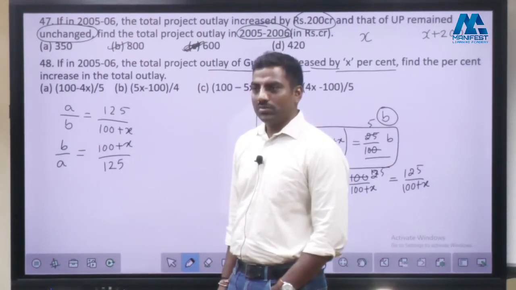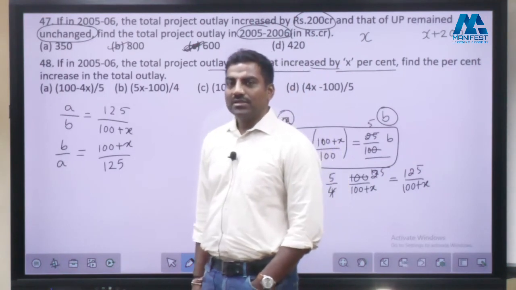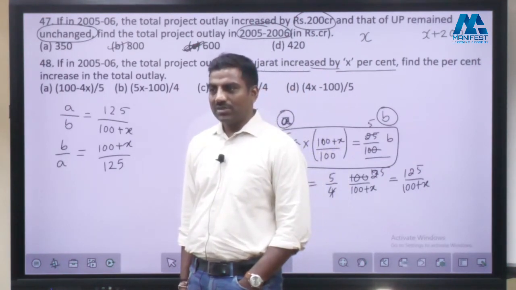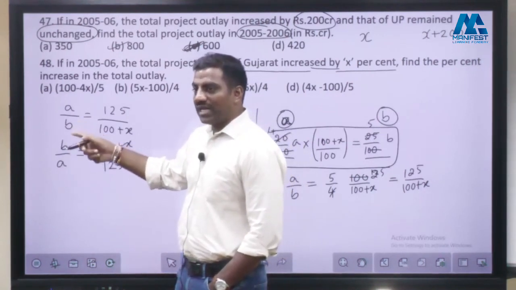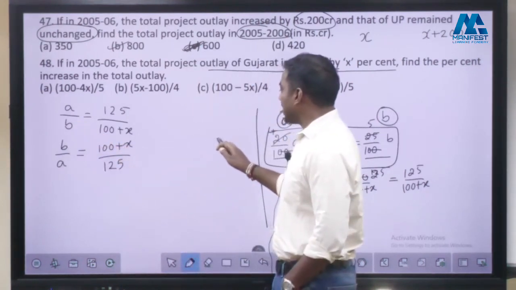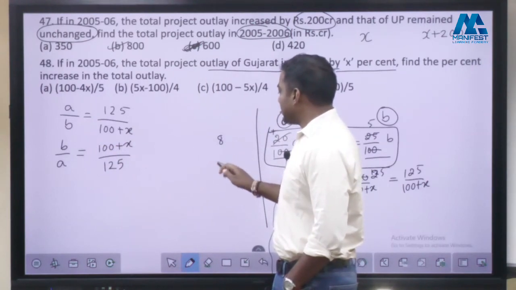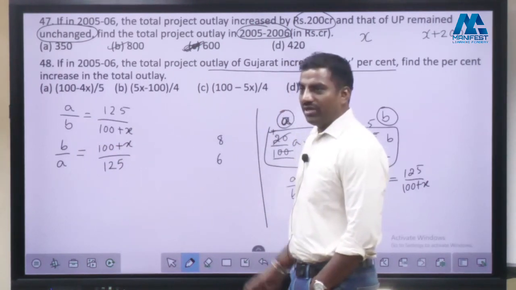So what do we do when we are finding B's percentage out of A? So B is what percentage more than A? For example, B is 8 and A is 6. We take the difference, no?